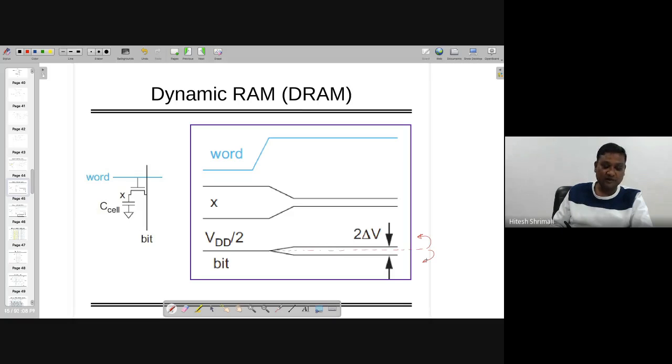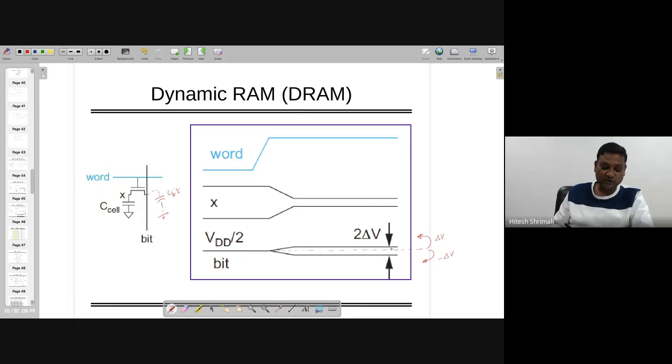Up and down are decided by the capacitor over here, CBIT, and the capacitor over here, right? So there is a small change going up or going down. It's not going with the full scale VDD value. It's going to have either some delta V upside or maybe delta V downside.